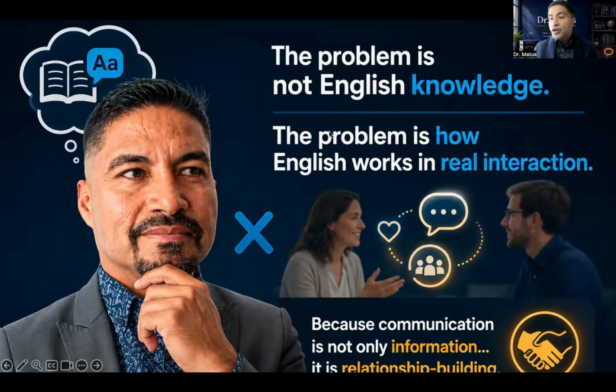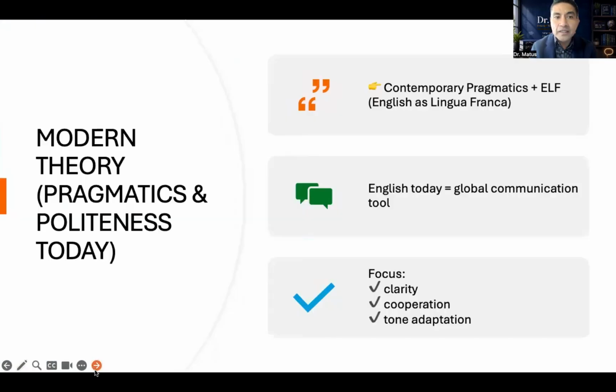So the problem is not English knowledge. Most students know the language. The problem is how English works in real interaction. Because communication is not only information, it is, as we mentioned in the previous video, relationship building. So let's have a look at what the main rationale states regarding this issue.